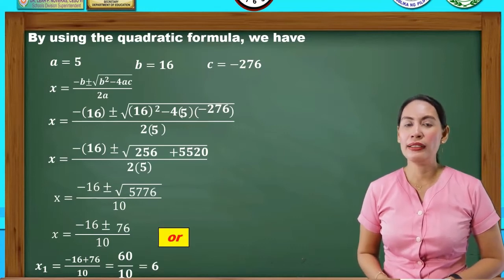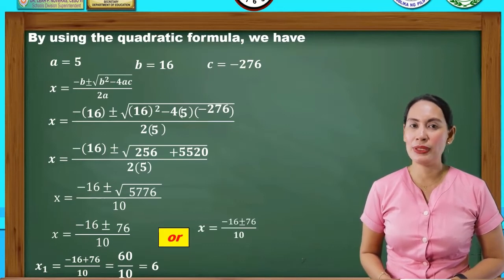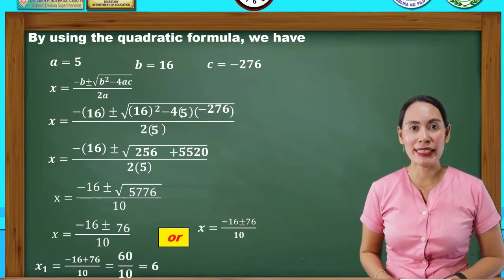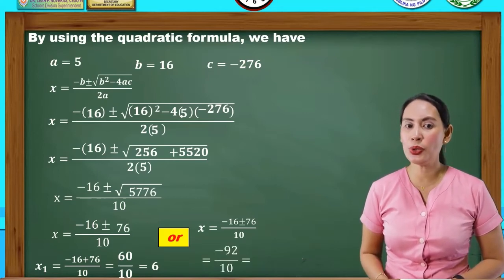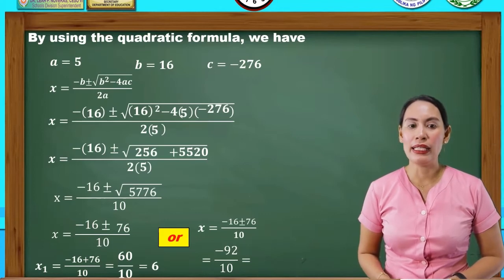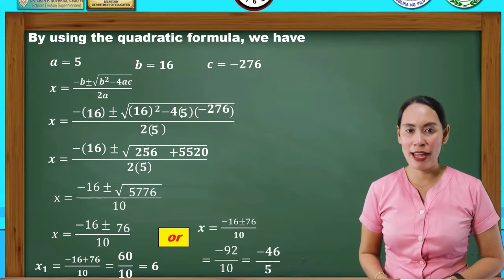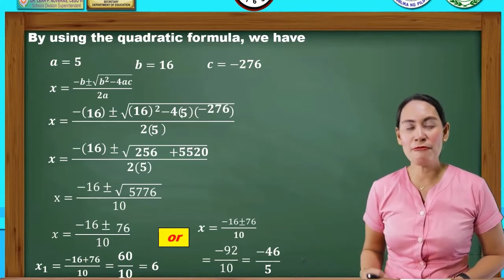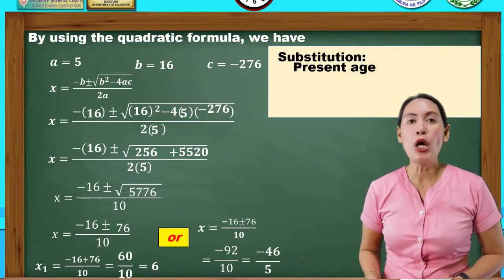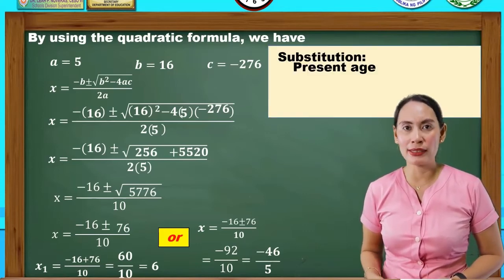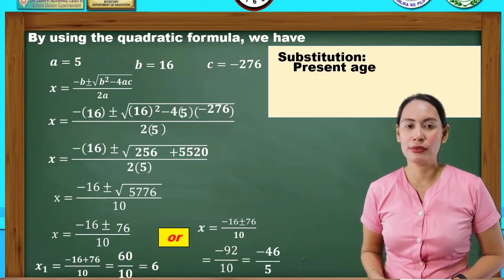The second solution, x sub 2, equals negative 16 minus 76 over 10, which equals negative 92 over 10 equals negative 46 over 5. We take the positive value of x because x represents age.